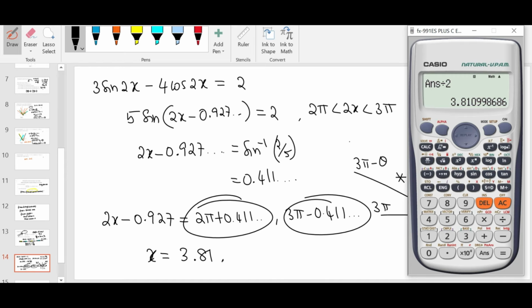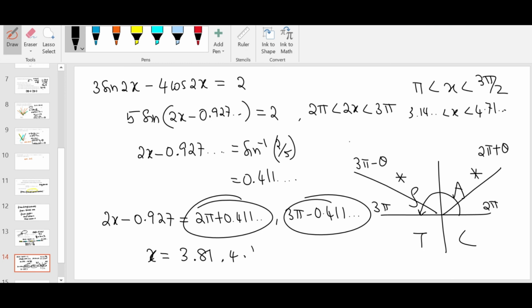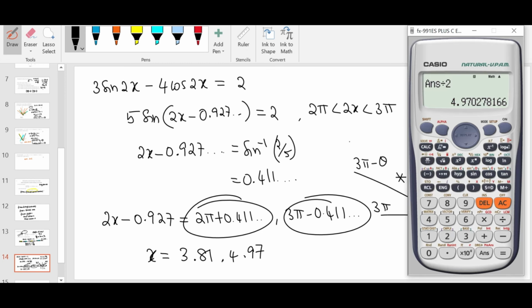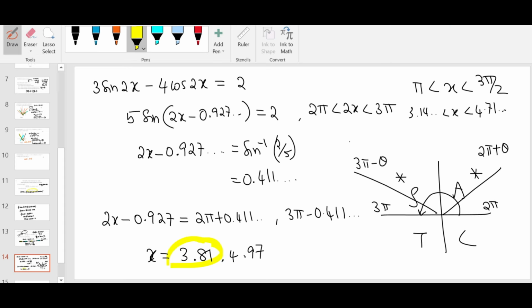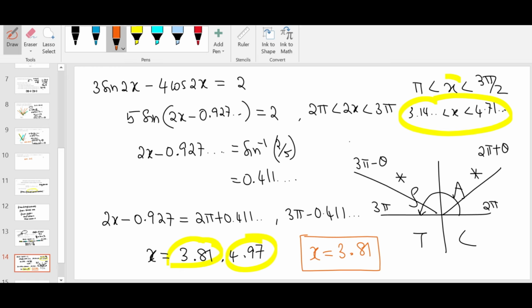The next one, 3 pi minus the principal value, plus 0.927, which is stored as a, divided by 2. 4.97. Yes, but when you compare these two values with the original given limit, only 3.81 lies in the limit. So the final solution is x is equal to 3.81. That's how you solve this trigonometric equation.